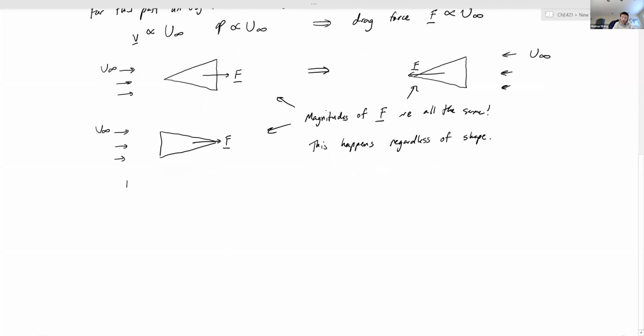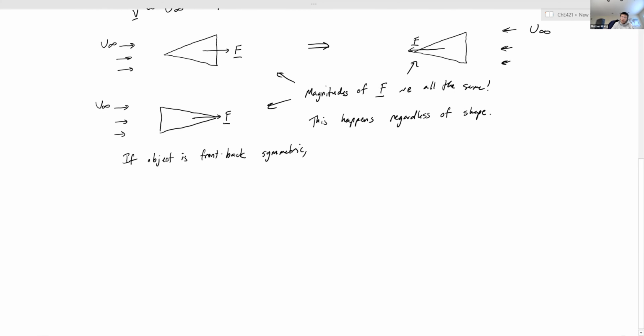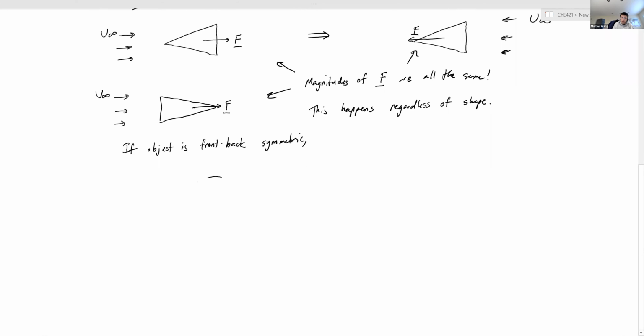If we have a symmetric object, so let me try and draw sort of a symmetric ellipse like this. We have some velocity coming in at u infinity.